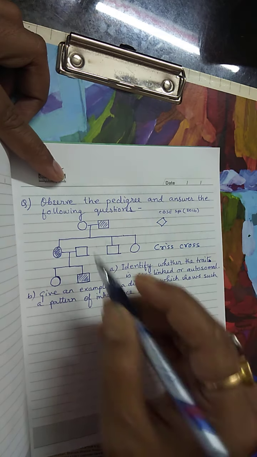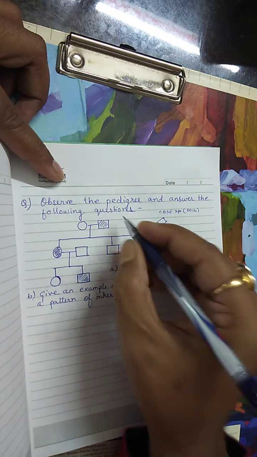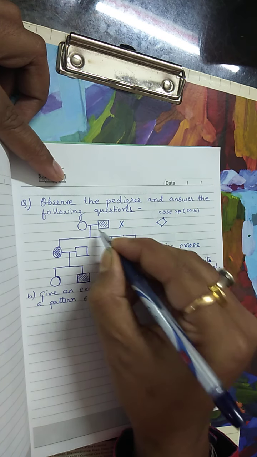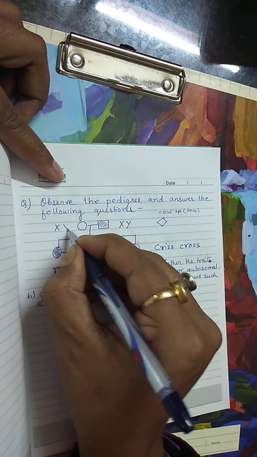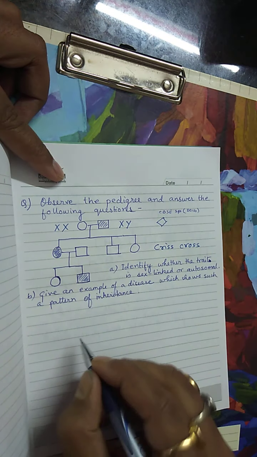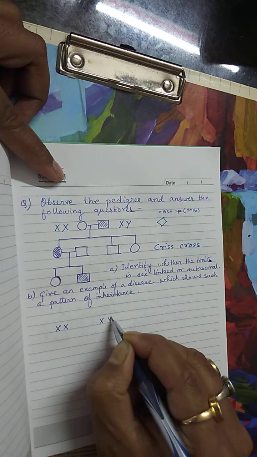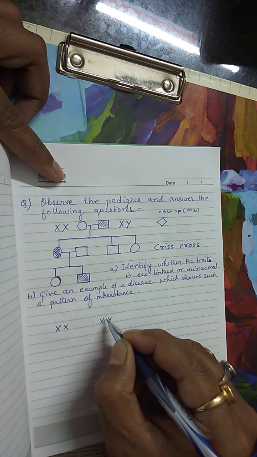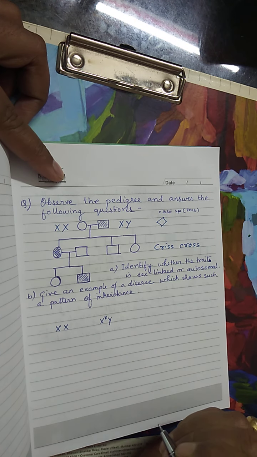Why is it so? Let us assume that it is sex-linked inheritance, meaning related to X. The male will have XY, the female will have XX. For the male to show the character, a recessive gene has to be present. Let's represent it with small r.